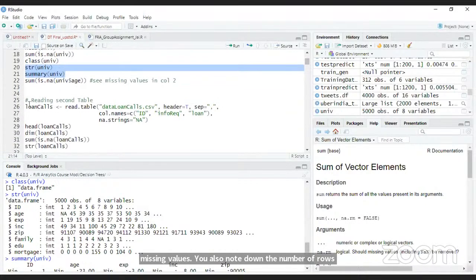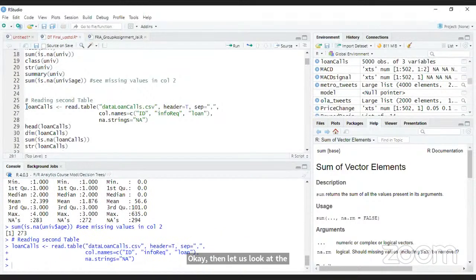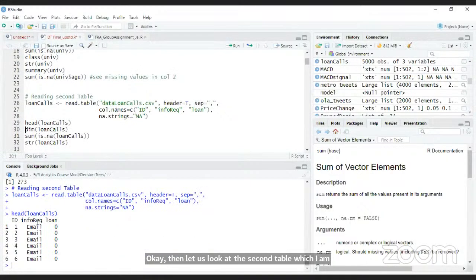Then let us look at the second table, which I am calling loan calls. We have only three columns: ID, info, rec, meaning let us say the bank has called the individual applicant to know some more details. So how did they contact the applicant?